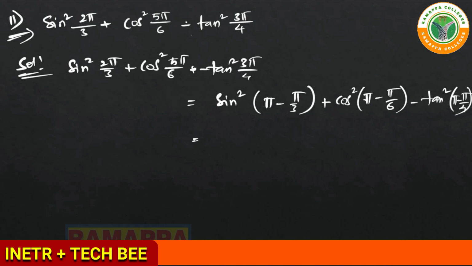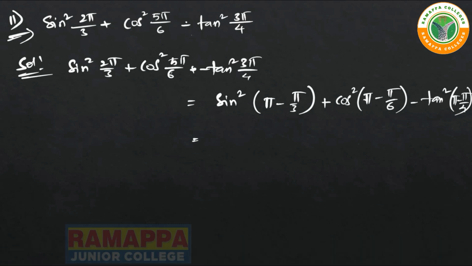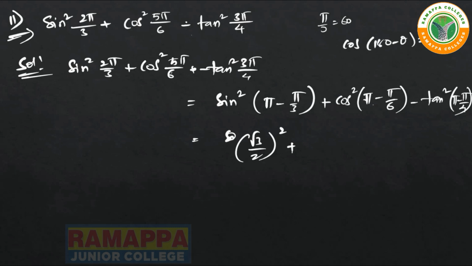Now sin of 180 minus theta is sin theta, so sin pi by 3 is sin 60, which is root 3 by 2. So root 3 by 2 whole square will come here. Plus, cos of 180 minus theta is equal to minus cos theta. So it becomes minus cos of pi by 6.